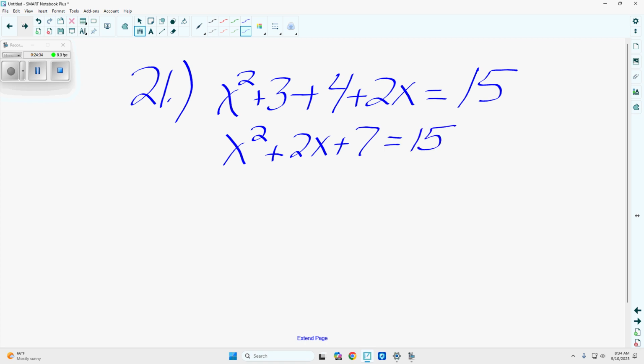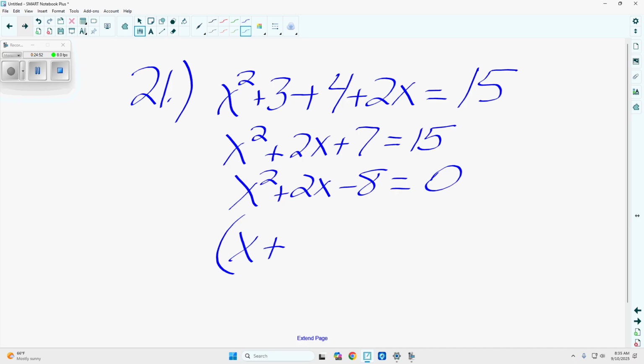Okay, I'm going to subtract 15. And then I'm going to ask myself, what two numbers multiply to negative 8 and add up to 2, or subtract to 2? Okay, so the answer has to be 4 and negative 2, because 4 minus 2 is 2.